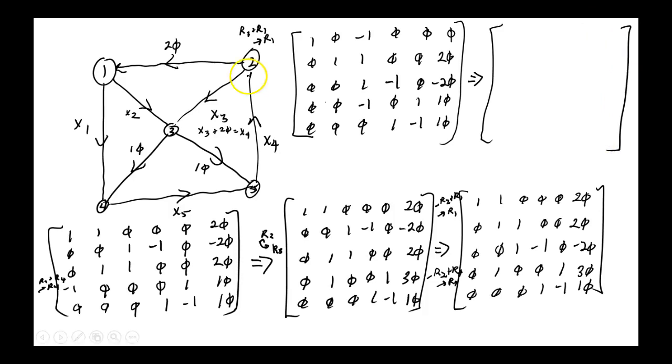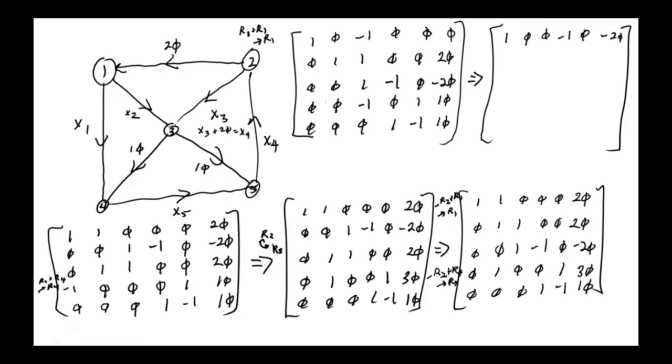So row 3 plus row 1, what does that give us? 1, 0, 0, negative 1, 0, negative 20. All right. I hope I did it right.